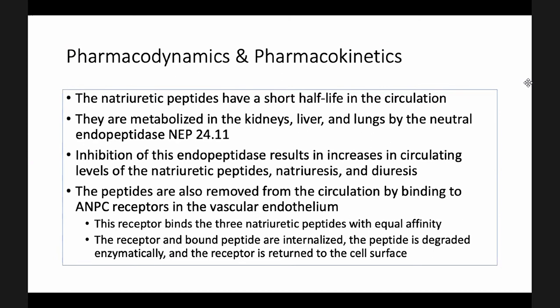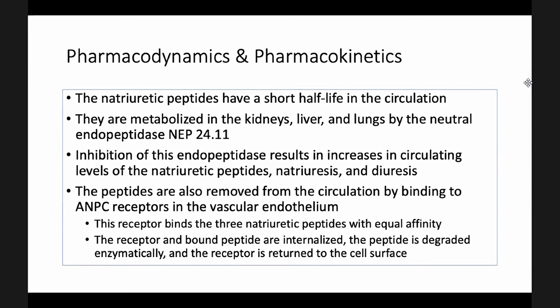So the natriuretic peptides have a short half-life in the circulation. They are metabolized in the kidneys, liver, and lungs by neutral endopeptidase, or NEP 24.11. Inhibition of this endopeptidase will result in an increase in your circulating levels of the natriuretic peptides, natriuresis, and diuresis.